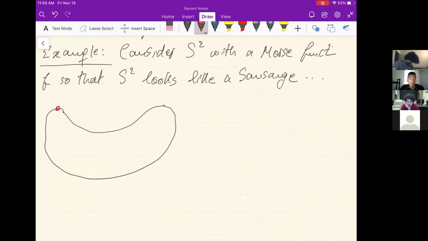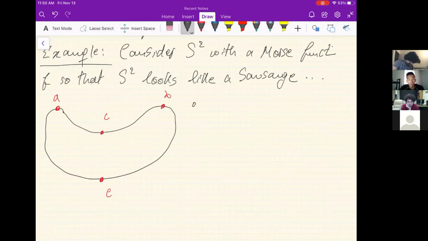You have a critical point, a saddle point, and a minimum. Let me denote these by A, B, C, and E, because I don't want to confuse with the differential. The critical points of index 2 are only A and B, of index 1 is C, and of index 0 is E.